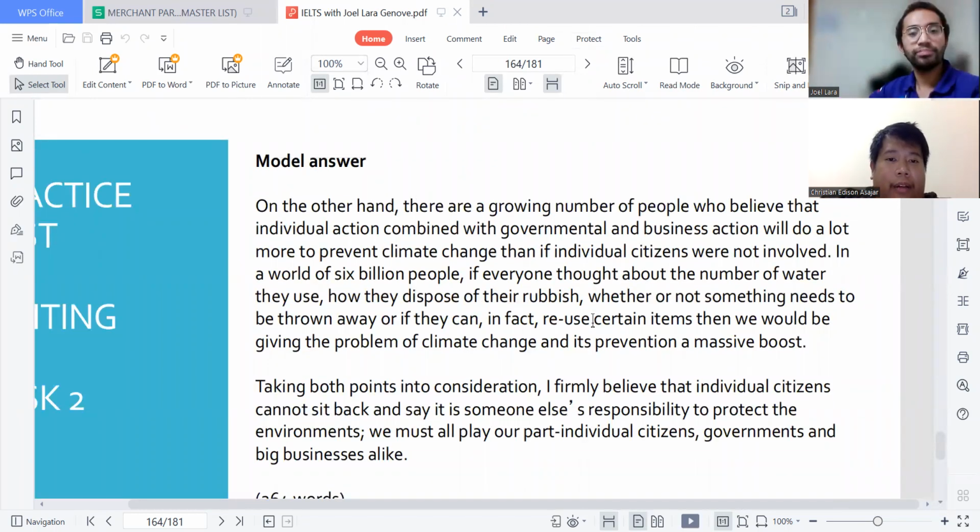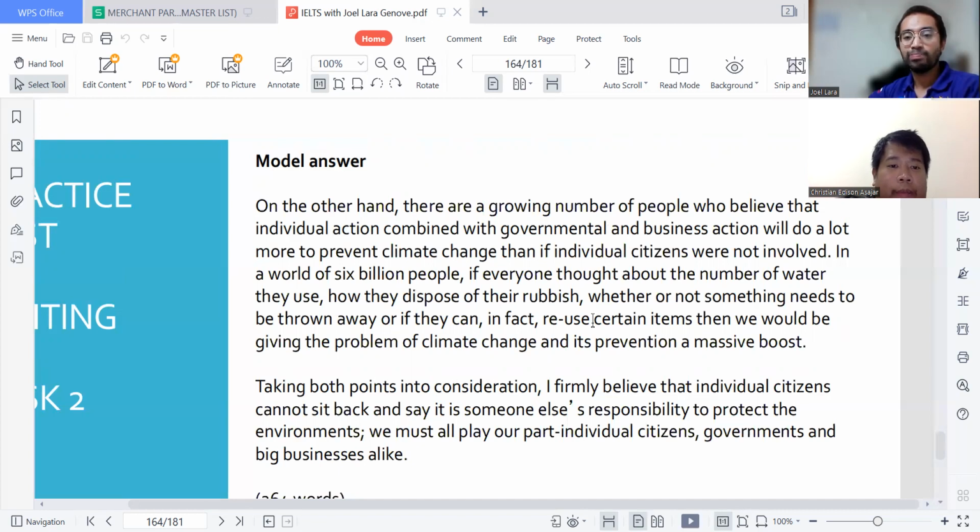On the other hand, there are a growing number of people who believe that individual action combined with governmental and business action will do a lot more to prevent climate change than if individual citizens were not involved.